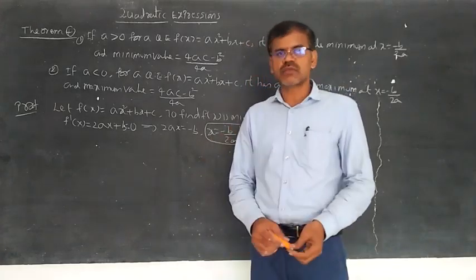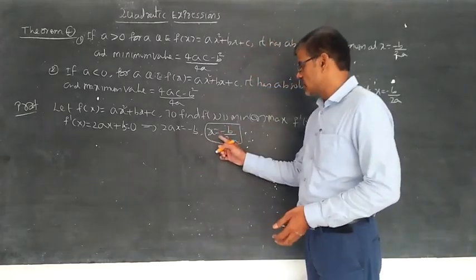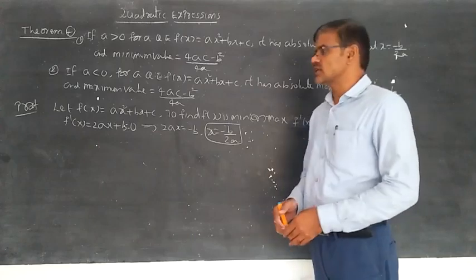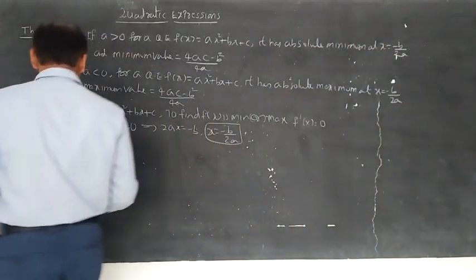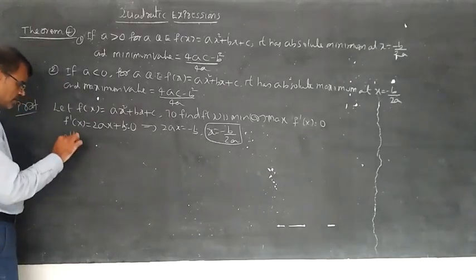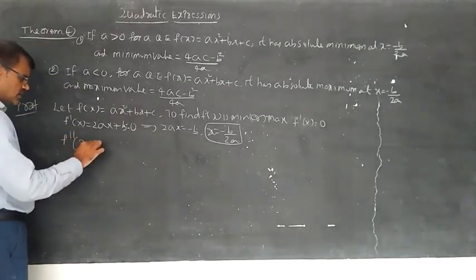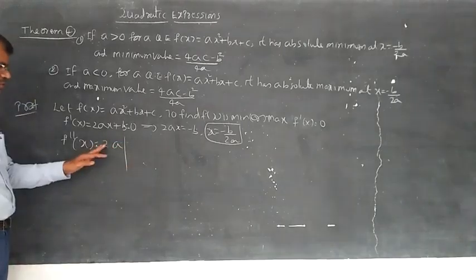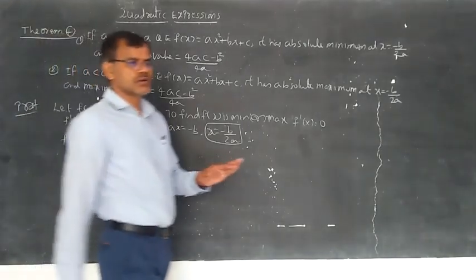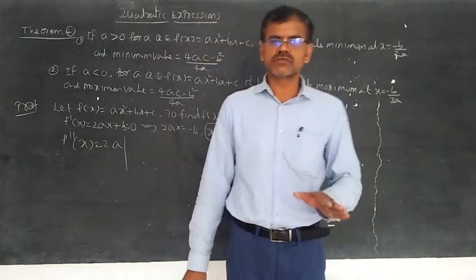But x equal to minus b by 2a does not decide whether the function is min or max. Now f double dash x is 2a. We don't know whether a is positive or negative.